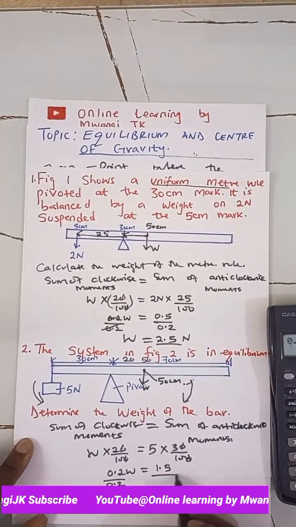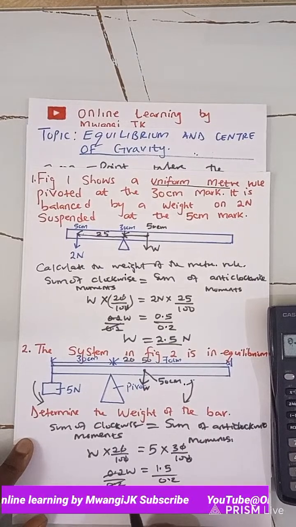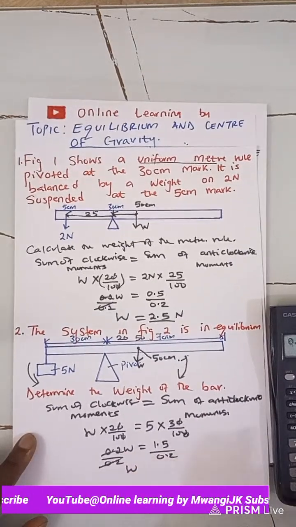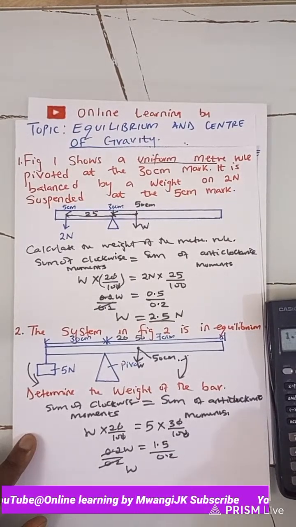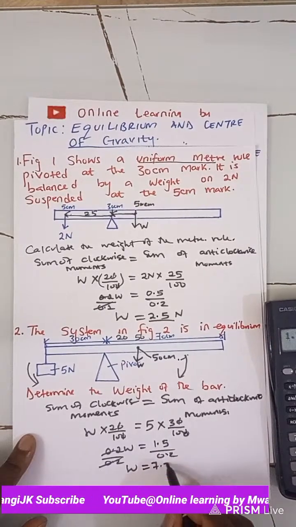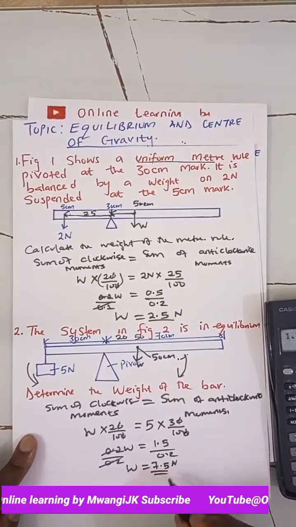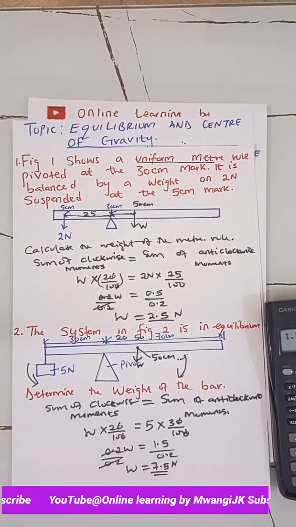Dividing by 0.2 on both sides, W is equal to 1.5 divided by 0.2. W is equal to 7.5 Newton, and that is now the weight of the load.